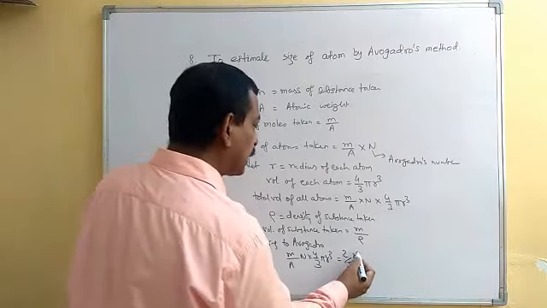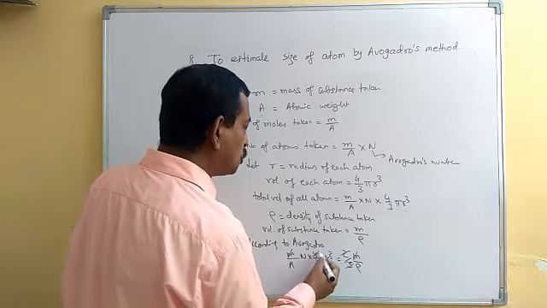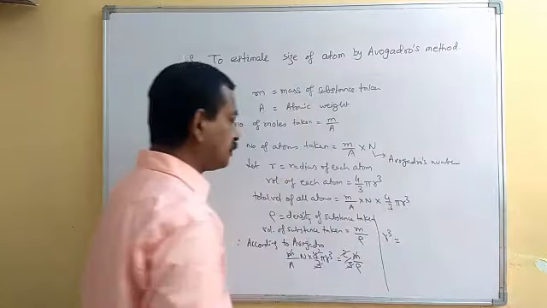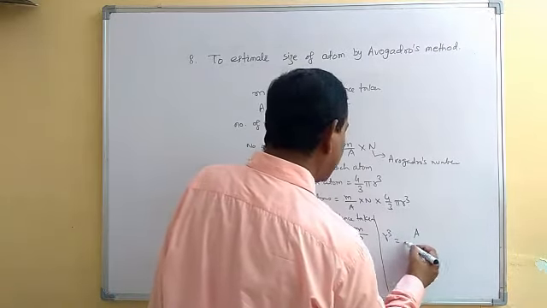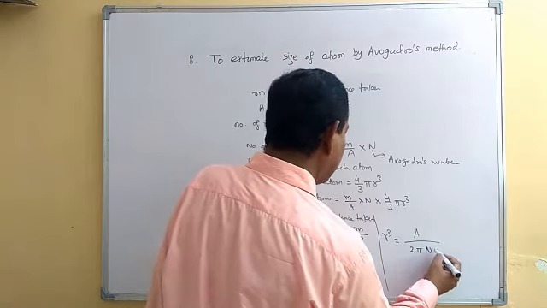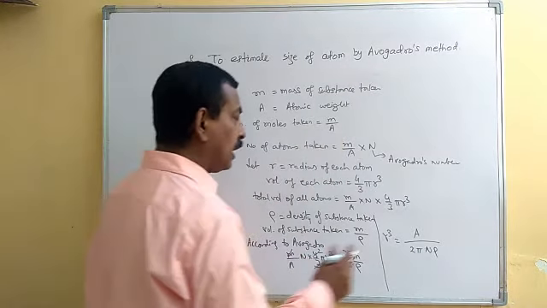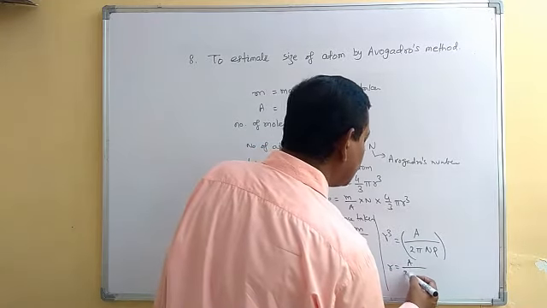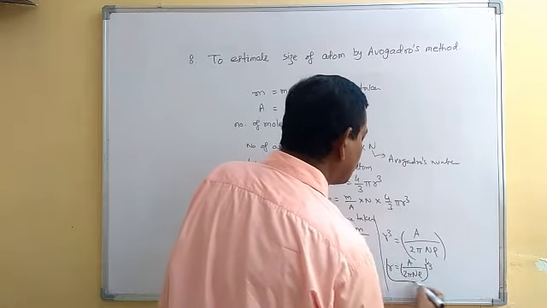Here we can cancel m, we can cancel 3, we can cancel 2, and that will give r cube equals A by 2 pi N rho. This is your r cube. So r will be A by 2 pi N rho, power 1 by 3.